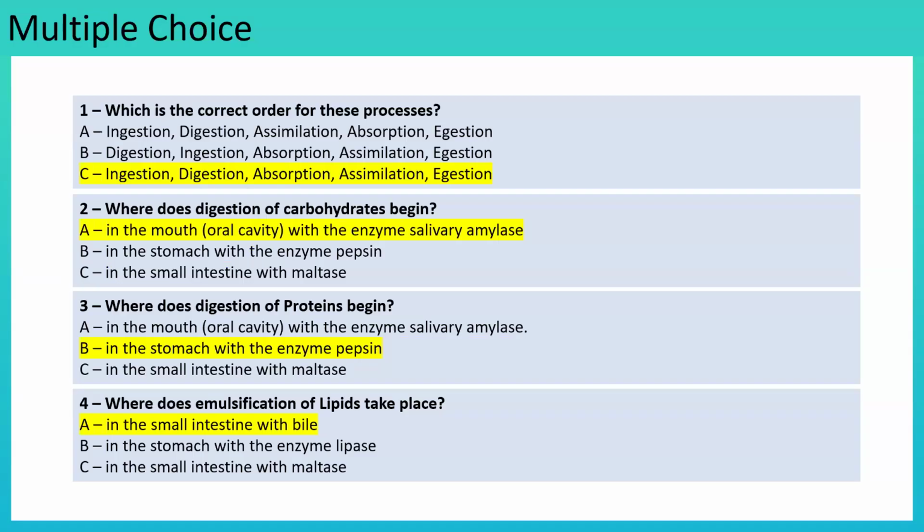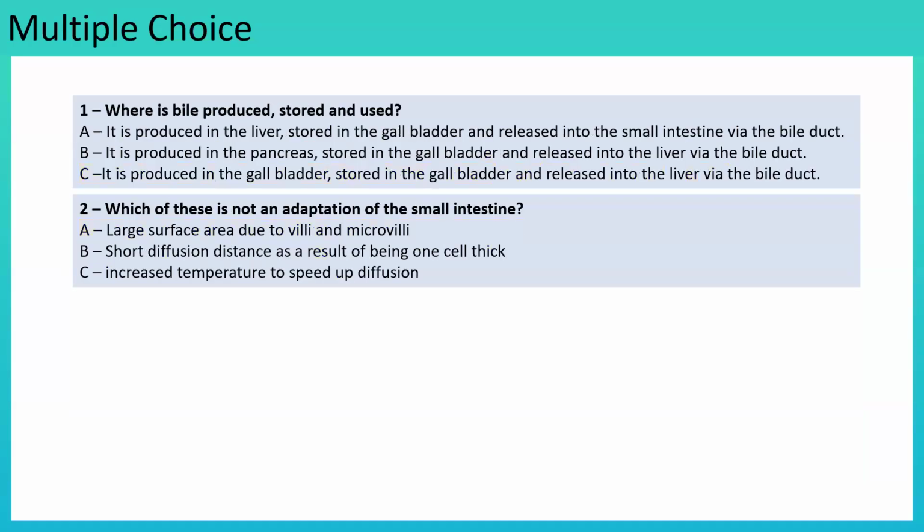Digestion of proteins begins in the stomach with the enzyme pepsin. And emulsification of lipids takes place in the small intestine with bile, which is produced in the liver, stored in the gallbladder, and released down the bile duct into the small intestine. Remember, that's increasing the surface area of the lipids so that the lipase enzymes can work on them.